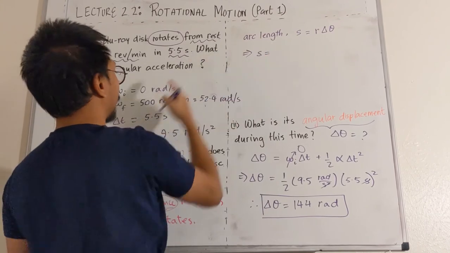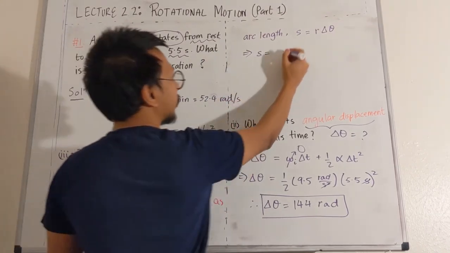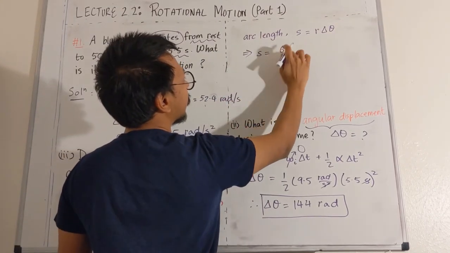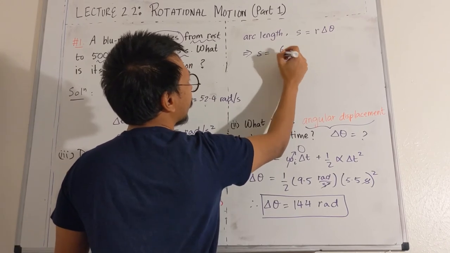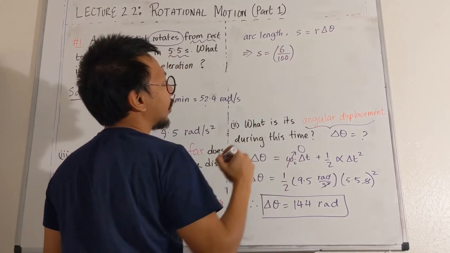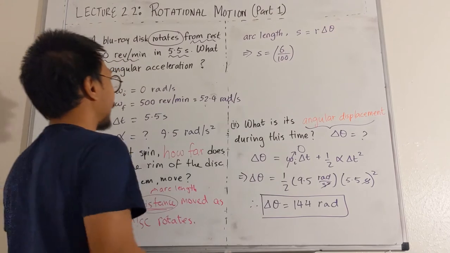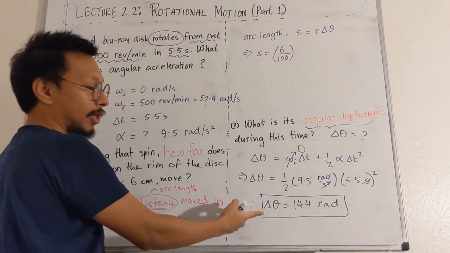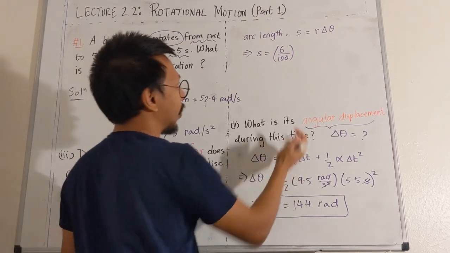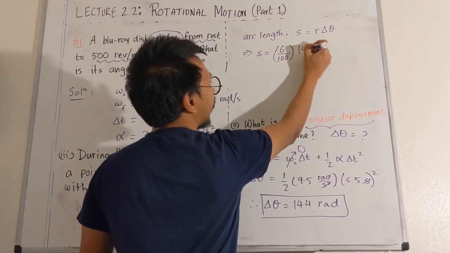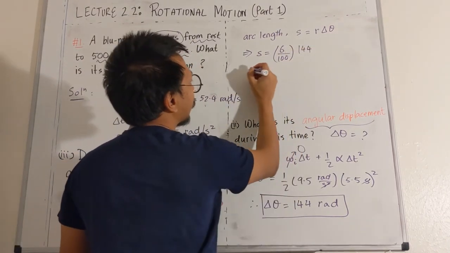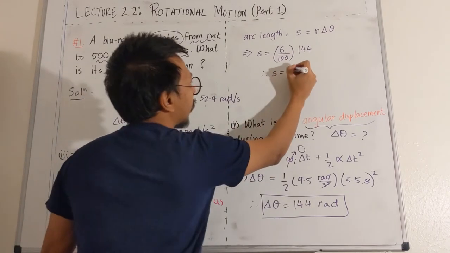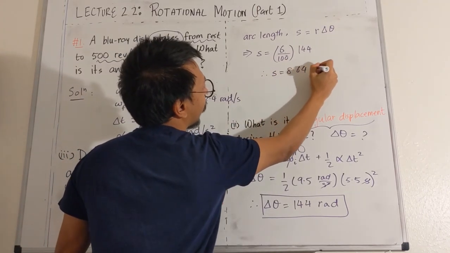S is equal to the radius, 6 centimeters, so let's take 6 to meters by dividing by 100, times delta theta. Delta theta is the angular displacement, which we found to be 144 radians. And this comes out to be 8.64 meters.